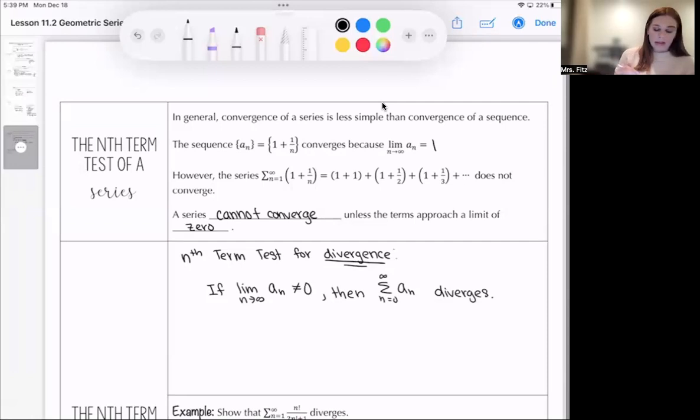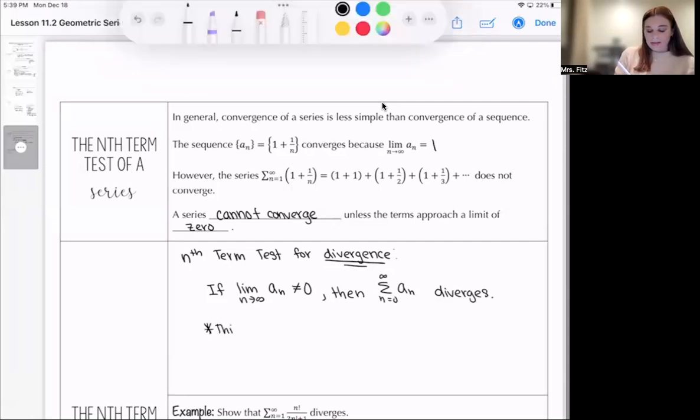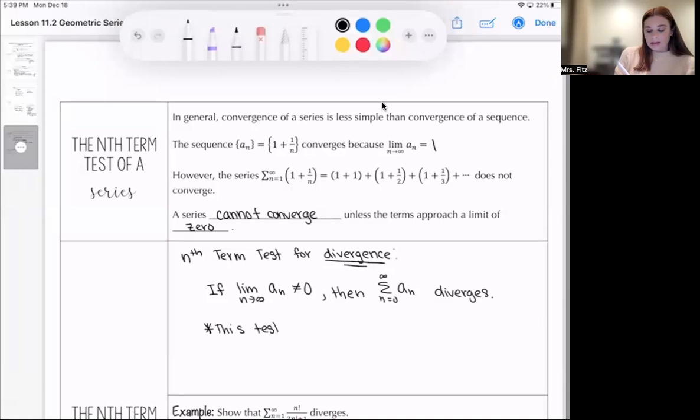Okay? Now, note this test is inconclusive if the limit as n approaches infinity of a sub n does equal 0.